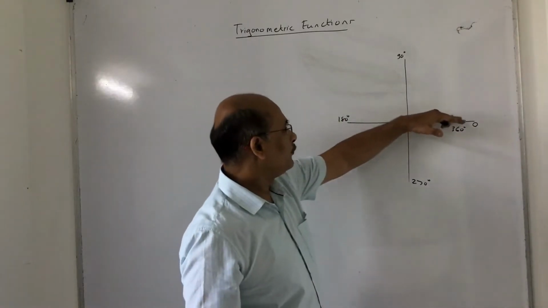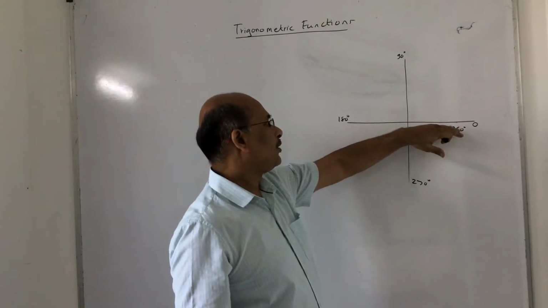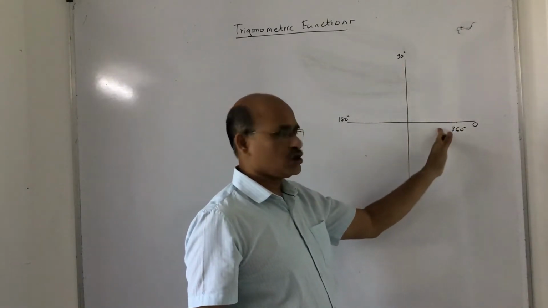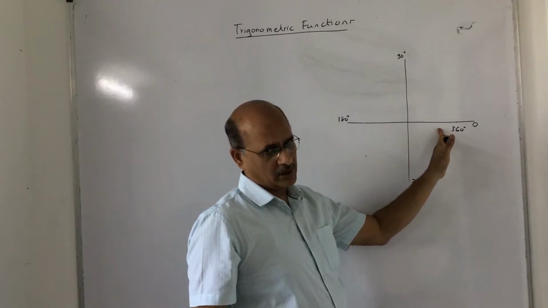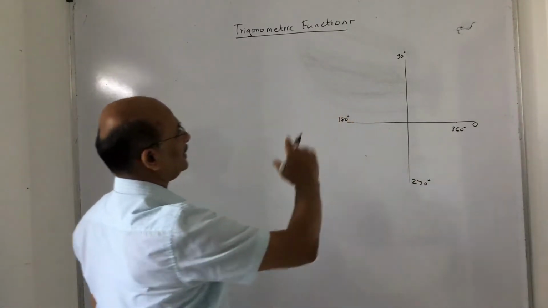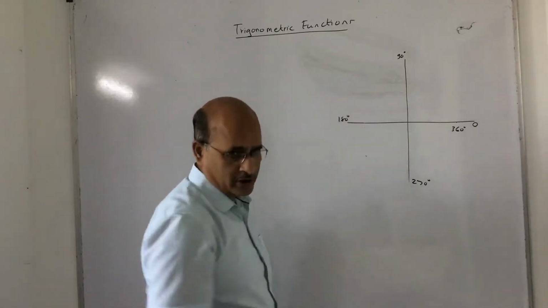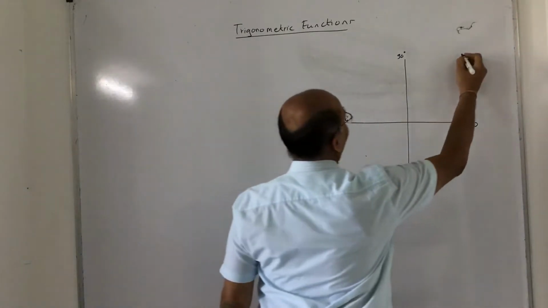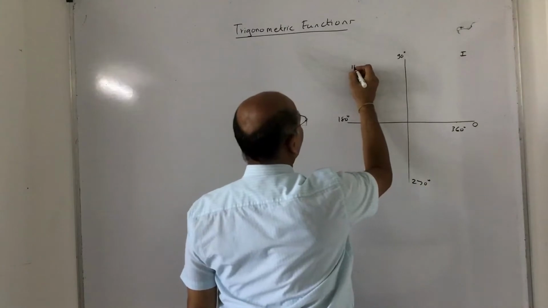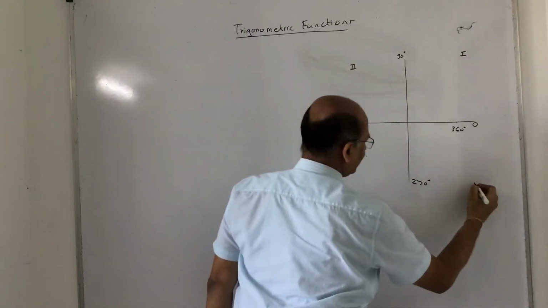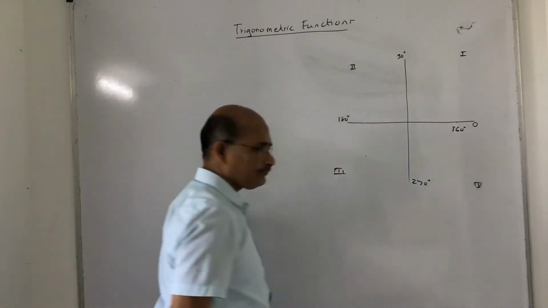So basically, in the anti-clockwise direction, the terminal arm moves and makes one complete rotation and covers 360 degree. Now what is the idea behind showing you this plane divided into 4 quadrants? This is called the first quadrant, this is the second quadrant, this is the third quadrant, and this is the fourth quadrant.